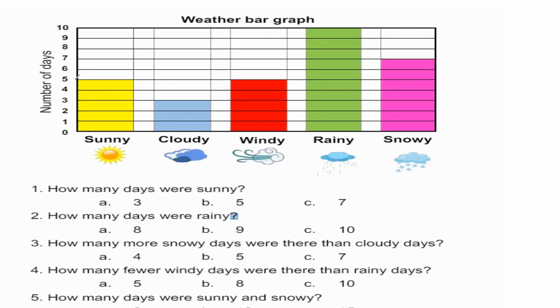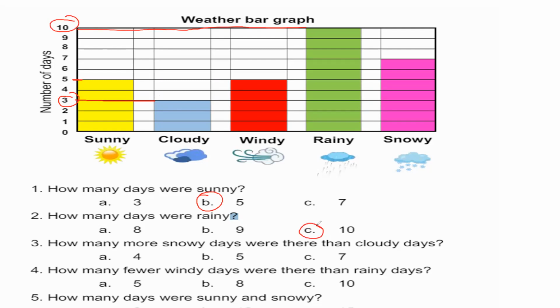For sunny days we have 5. For cloudy days we have 3. And rainy days, what do you have? Rainy days is going to be 10. Yes, 10.